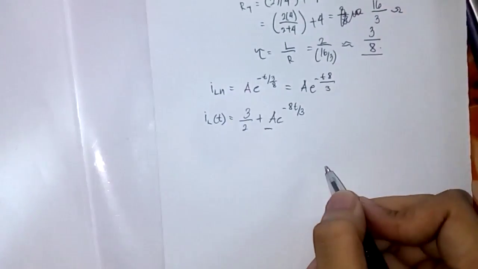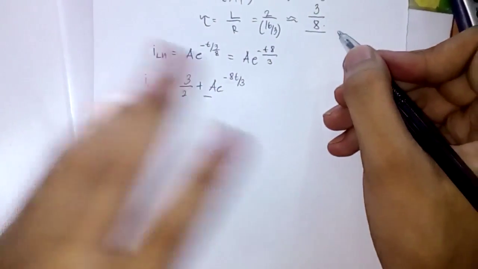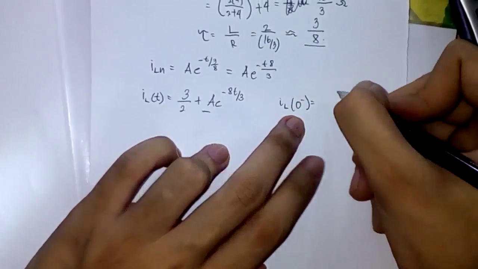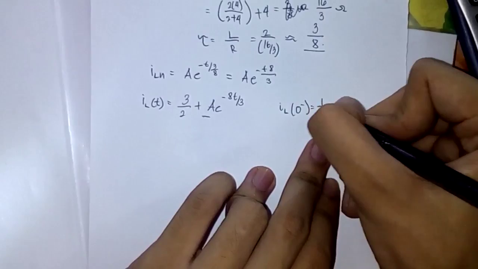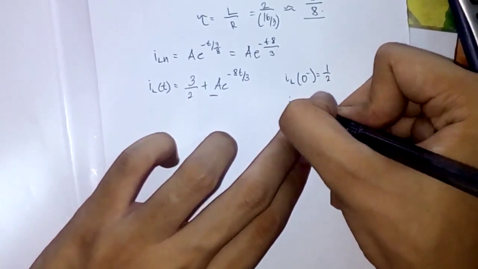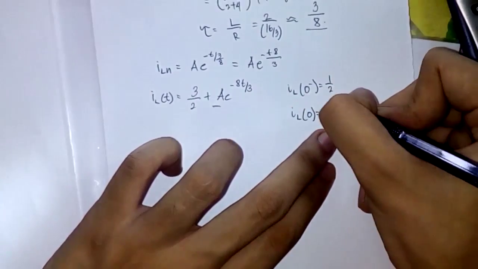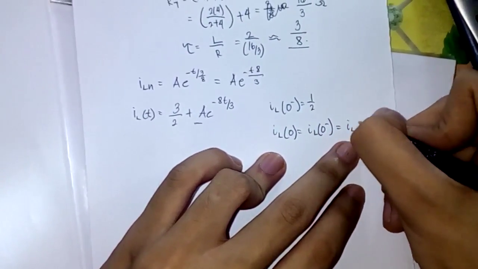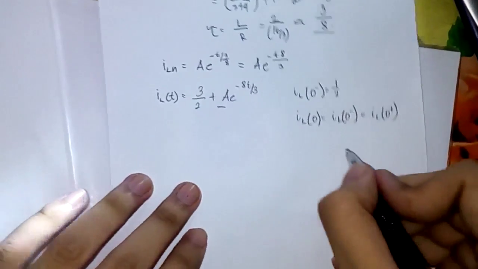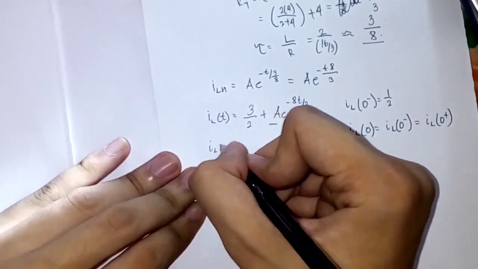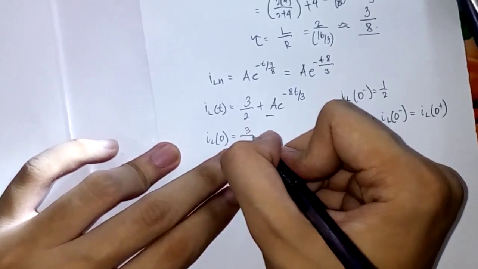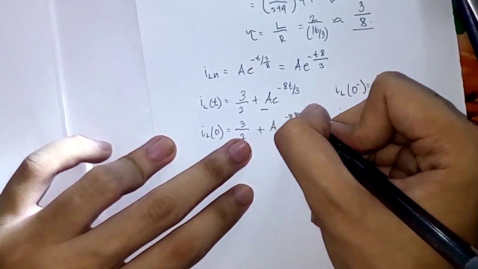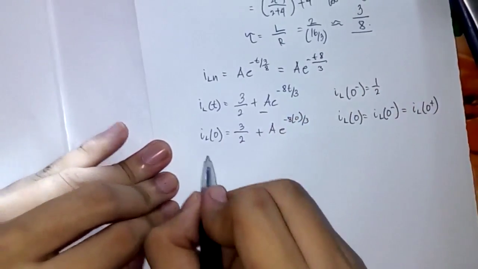To get the value of A, recall that in our initial solving, we have IL of 0 negative equals 1/2. Remember that IL of 0 positive equals IL of 0 negative. So at IL of 0, we have 3/2 plus A e to the negative 8 times 0 over 3.